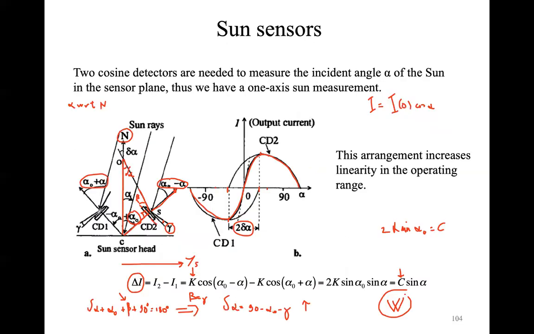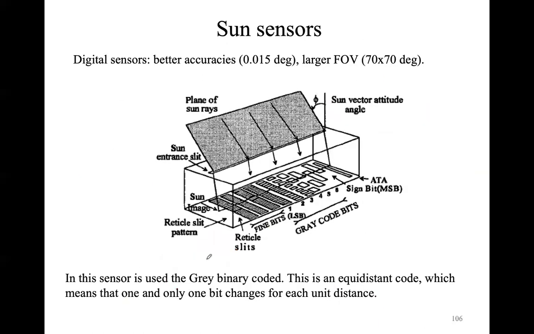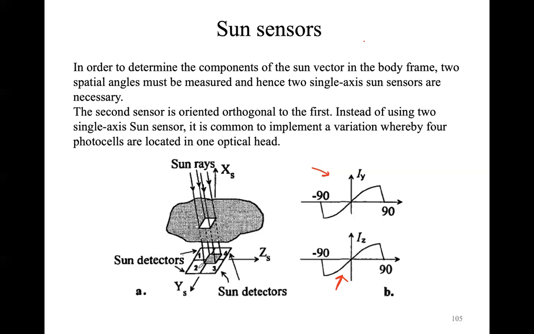If you place these 2 solar cells along the y-axis, it corresponds to placing these 2 sun sensors in this plane, in this axis here. By placing these 4 cells in this way, you can have an input in the y-axis and also an input in the z-axis that give you this response here and this independent response. So you have 2 measurements of the sun rays.